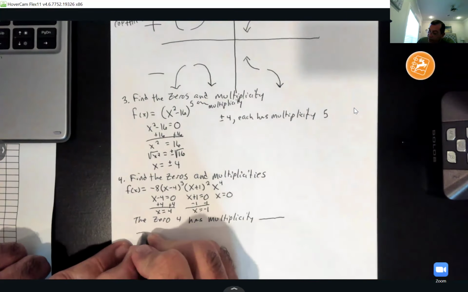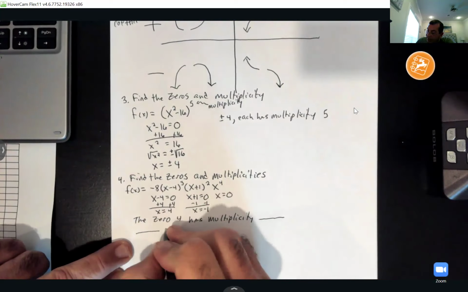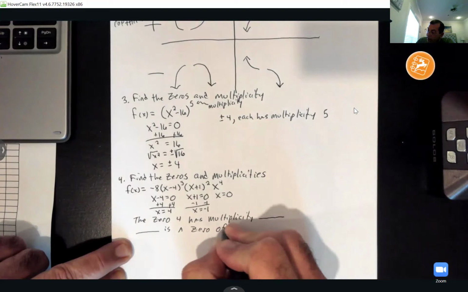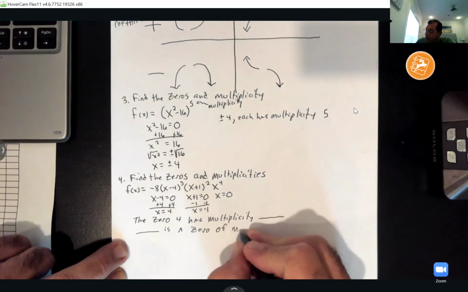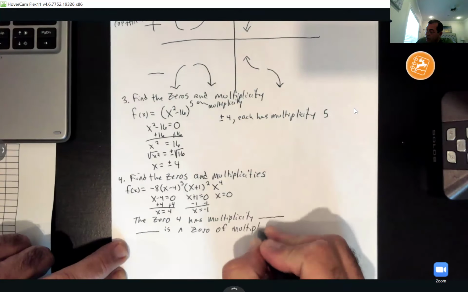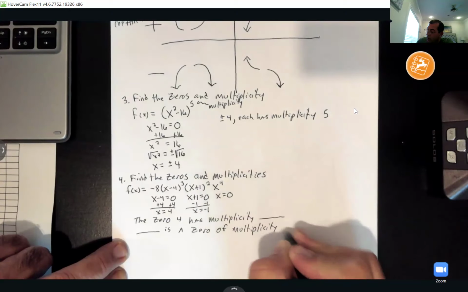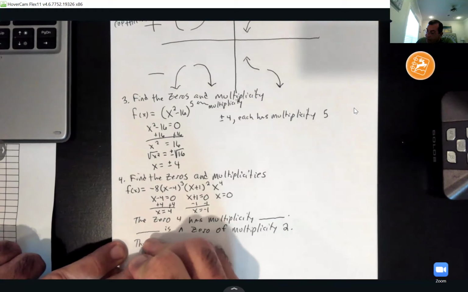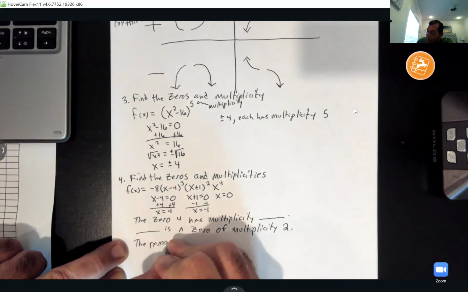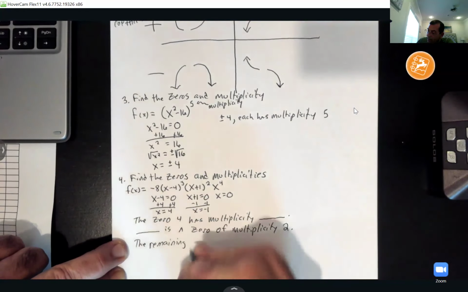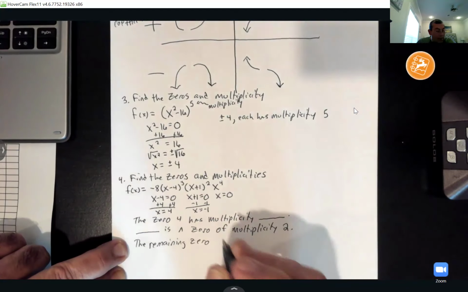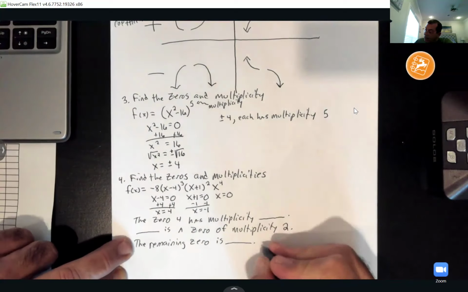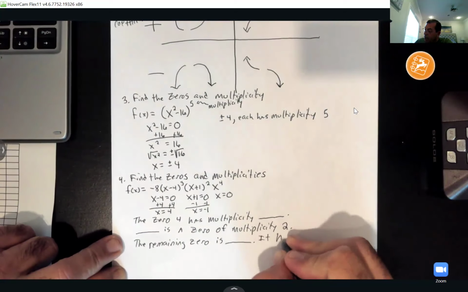And then they'll say blank is a 0 of multiplicity 2. Then they'll say the remaining 0 is blank. It has multiplicity blank.